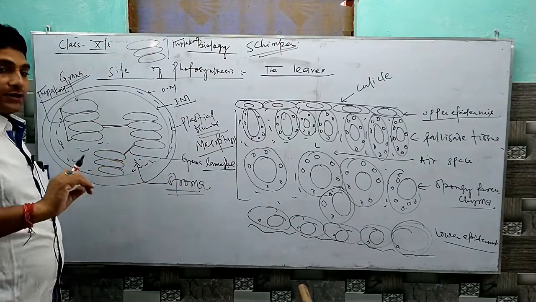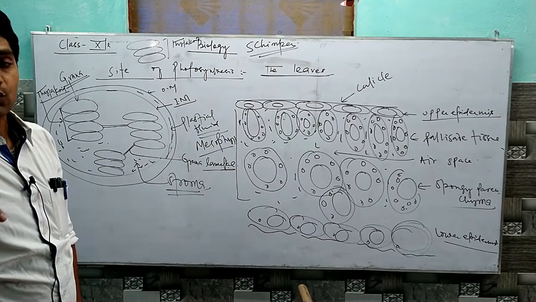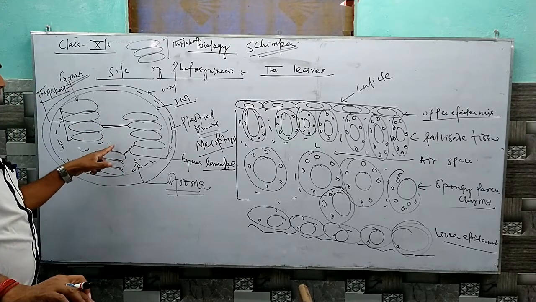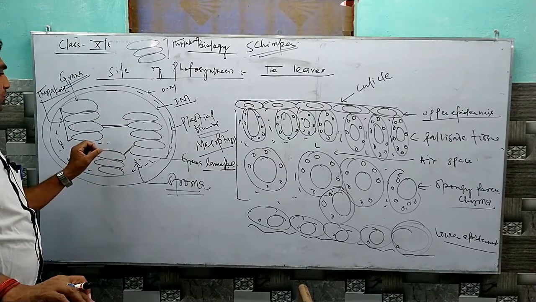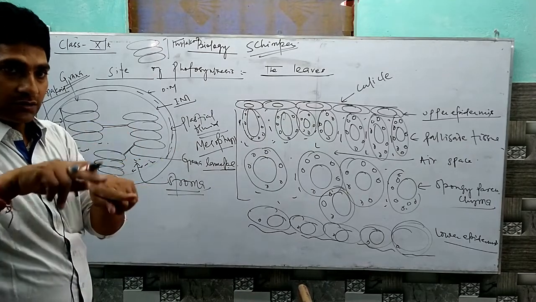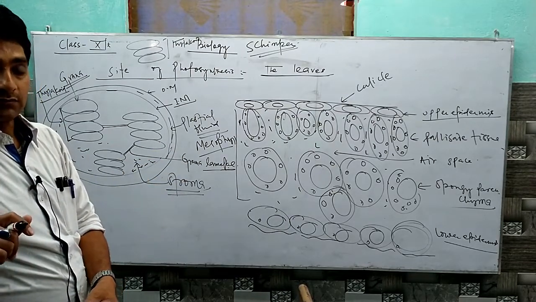Stroma is a colorless fluid surrounding the grana. Around the grana there is a lot of colorless fluid in which they are floating, called stroma.